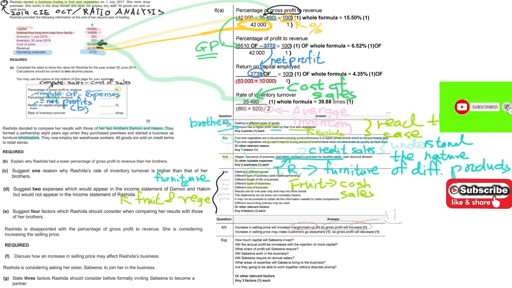But on the other hand, there are customers who will go elsewhere to seek alternatives, or you may call it substitutes. So the sales volume will drop.